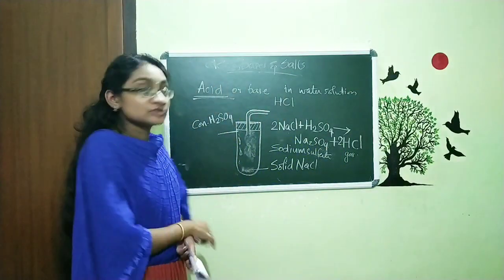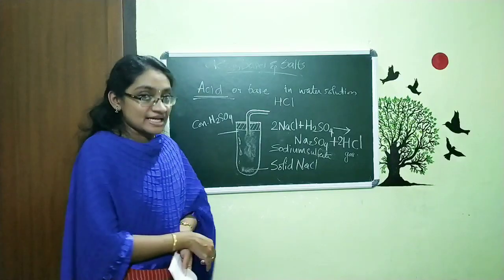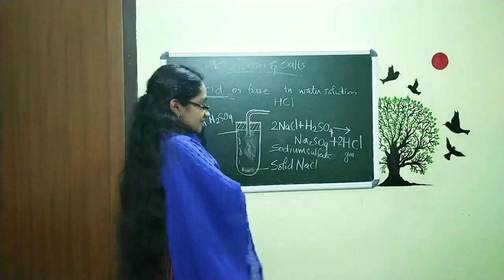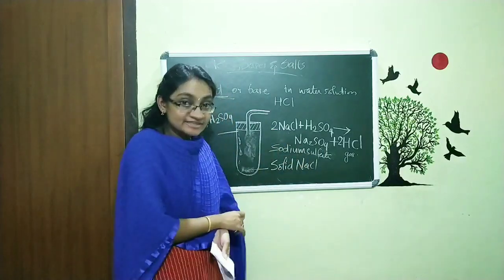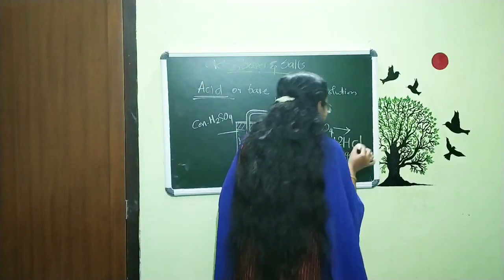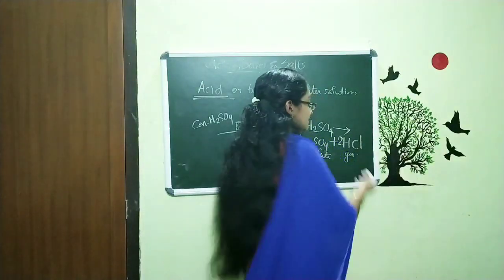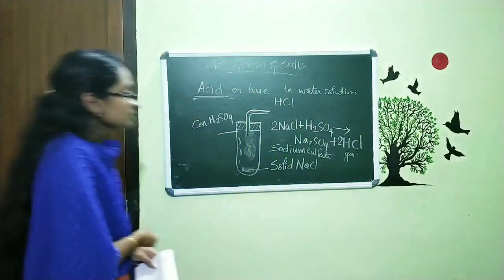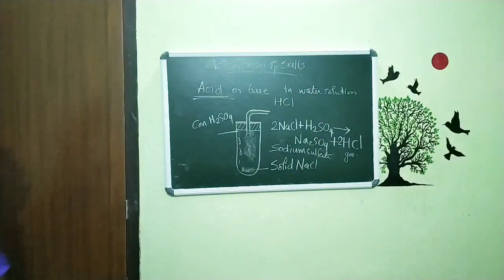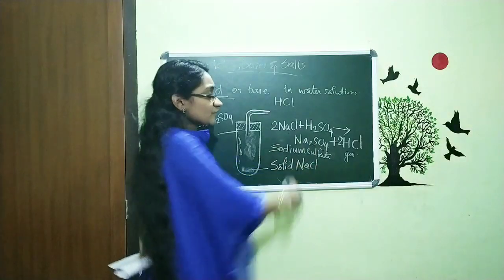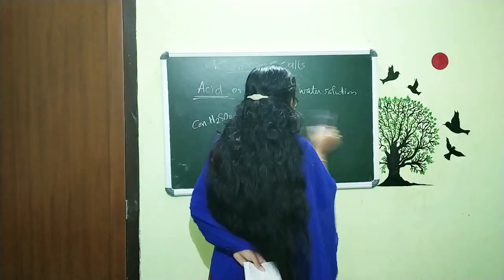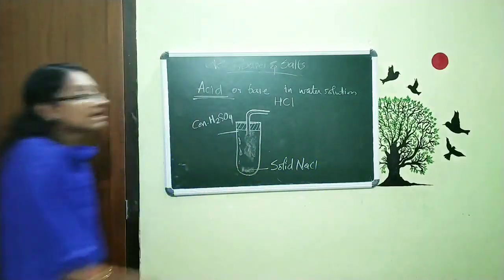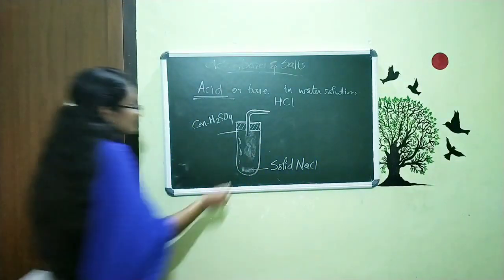When the 2 comes here, the equation will be balanced. Na2SO4 is sodium sulfate, and here the hydrochloric acid HCl is in gaseous form. So we are continuing our experiment. Just keep this equation in mind, and we understood that HCl gas forms here.